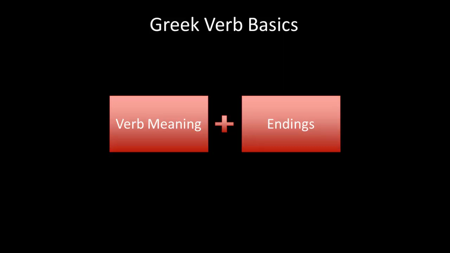You remember from our discussion of the present active indicative that basically the Greek verb has one compartment with the verb meaning, and then you have another compartment with endings attached to the end. Where do endings go? They go at the end.